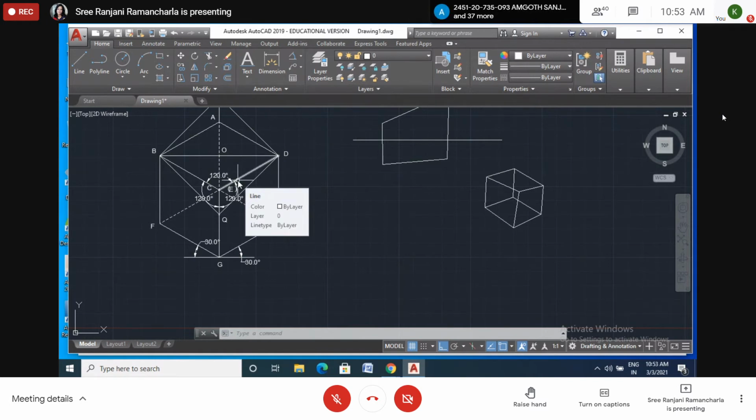They make equal angles of 120 degrees with each other.